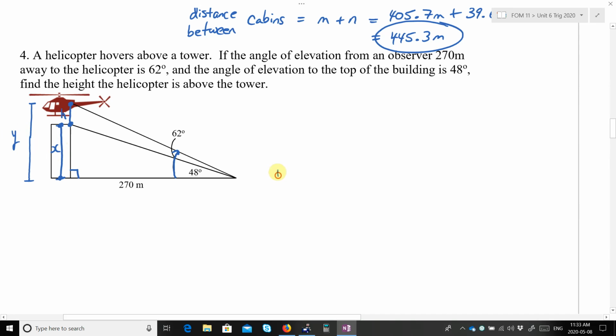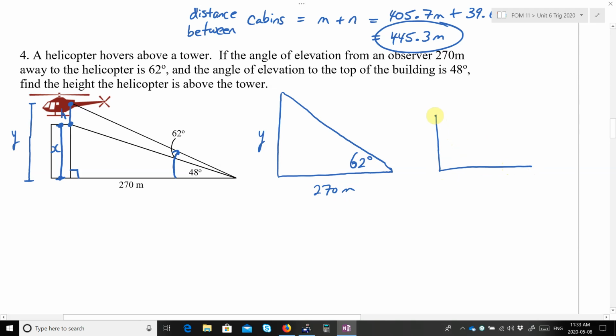So it essentially comes down to this. 62 degrees, we've got y all the way up to the helicopter, and this is 270 meters. And then the other situation is this, 48 degrees, 270 meters, and then this is x. So this is to the top of the building.